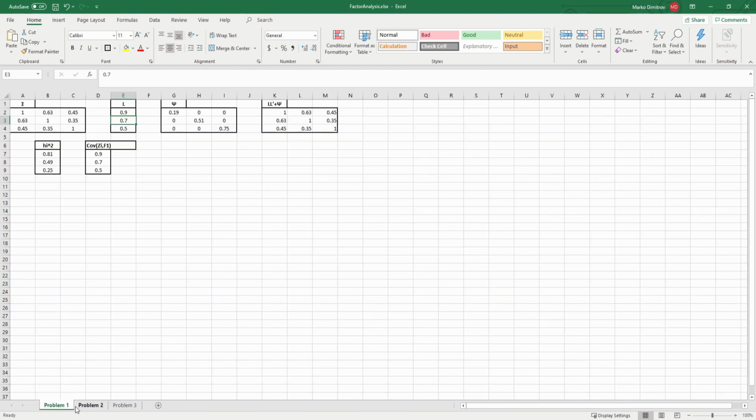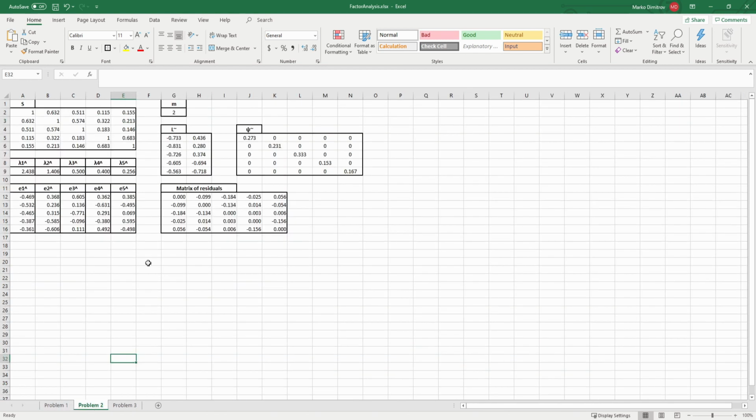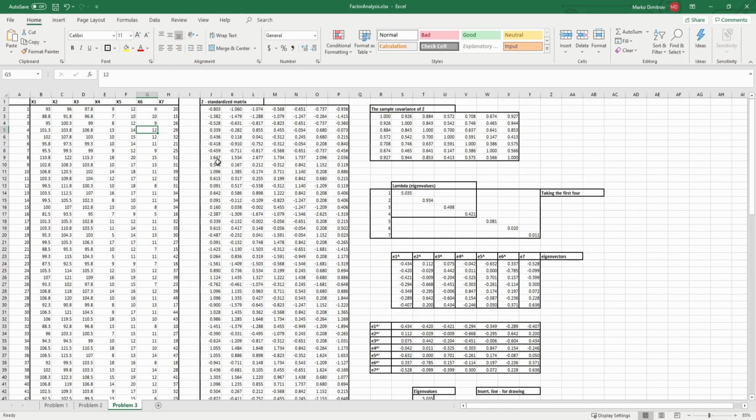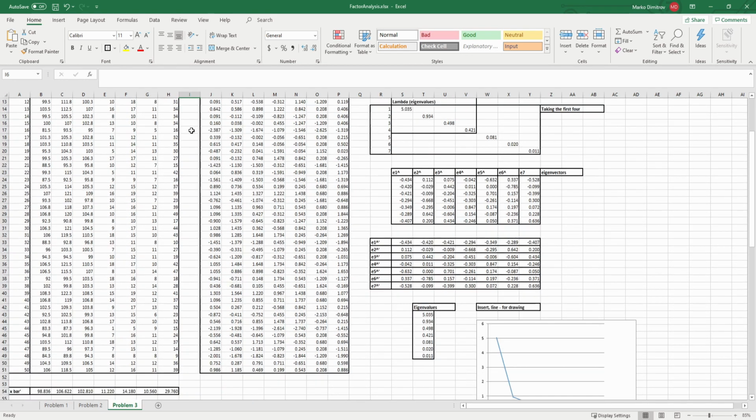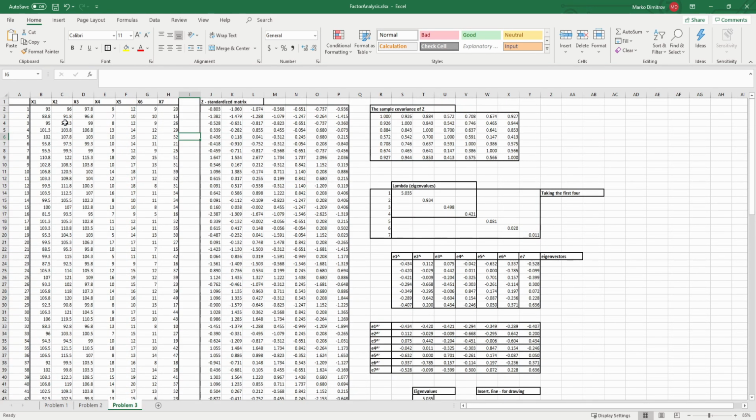So here it was only one, here we had two, but let's see if we can choose that m somehow. Well, we can use the same method that we use for the principal components. So how will we choose m? First, when we have a huge difference between those values, we want to standardize.